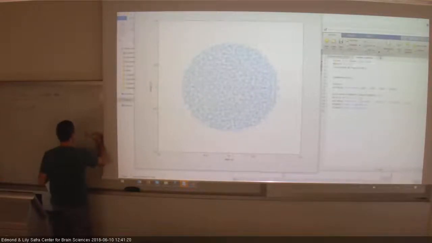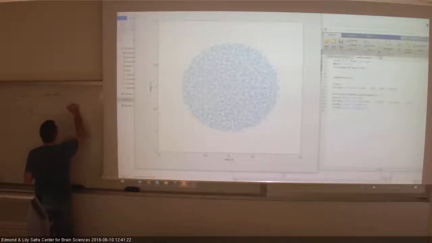This is the real part of lambda, and this is the imaginary part of lambda.